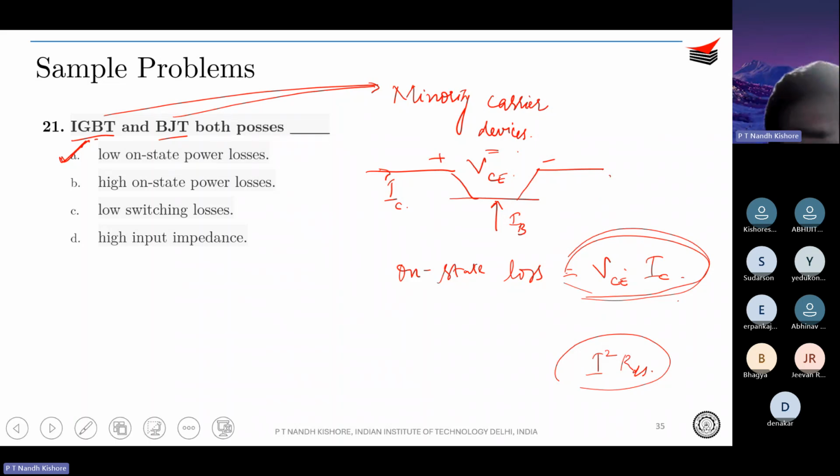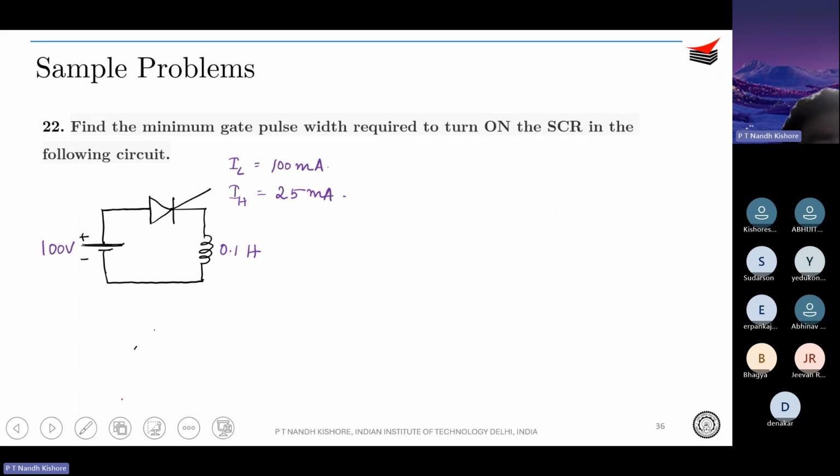So this is done. So next we are going into numerical problems. If you have any doubt till this point, you can go ahead and ask. I'll just pause for 2 minutes and then we can start numericals.